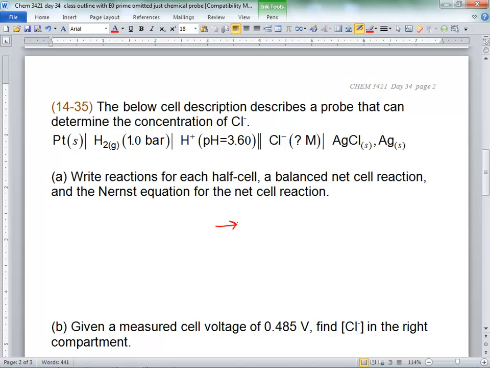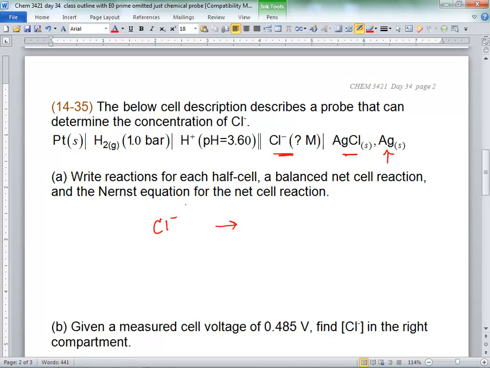The chloride is a reactant, isn't it? This guy is going to this guy. And what is this doing there? The electrode surface, right? So you want to make sure you write Cl minuses here. Now it might be flipped in the table, so I'm not going to write it exactly as it is in there. I'm going to write it so that I have chloride on the reactant side. So I do have to flip it.